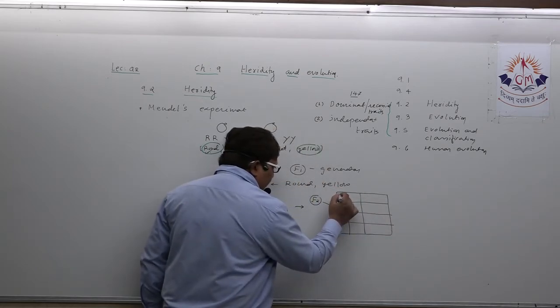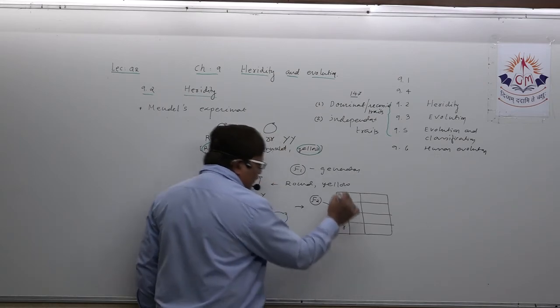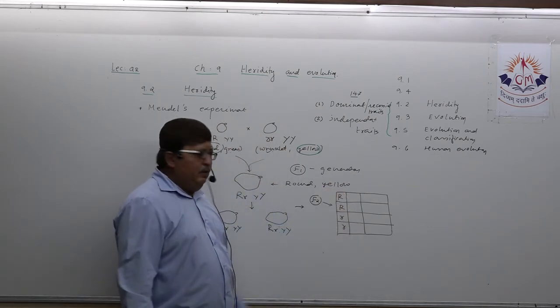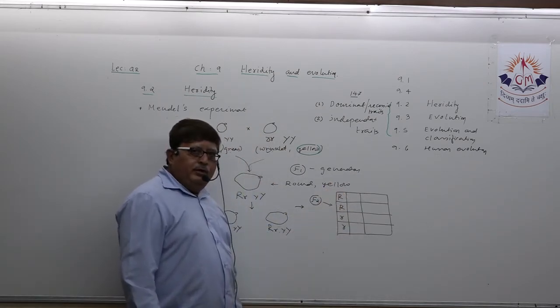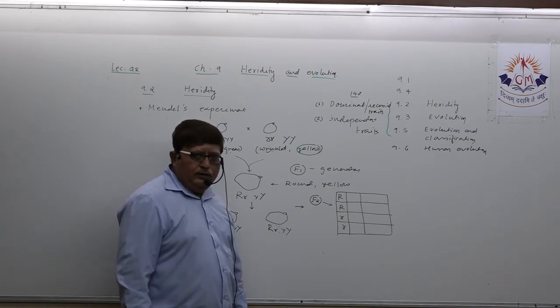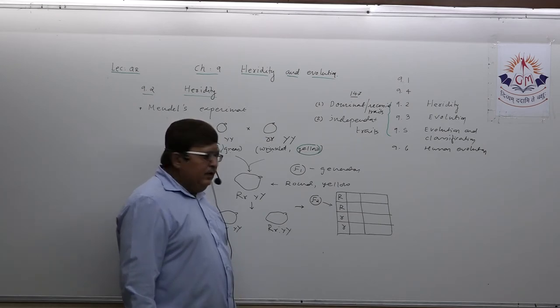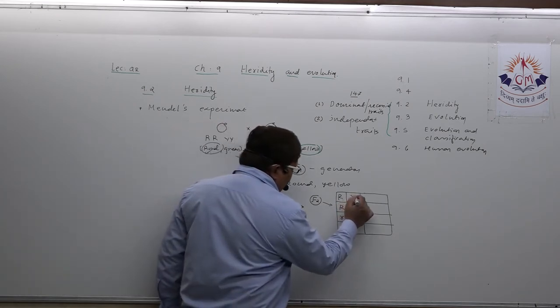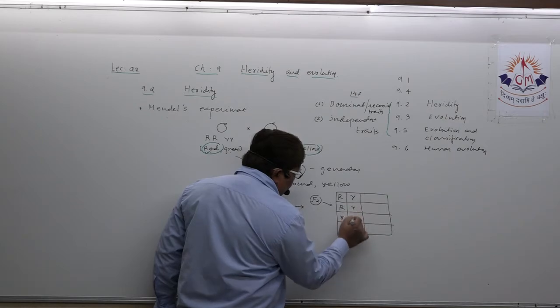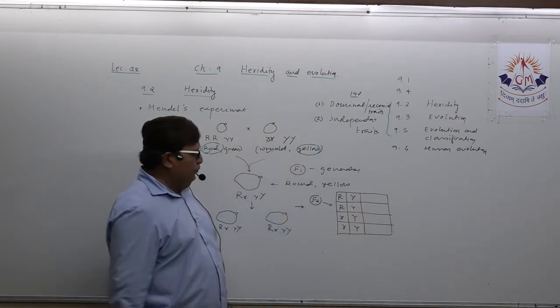First, write R, R, small r, small r, for round, round, wrinkled, wrinkled. Then, while you are writing the traits for the color, you take the alternate combination: capital Y, then small y, capital Y, and small y.